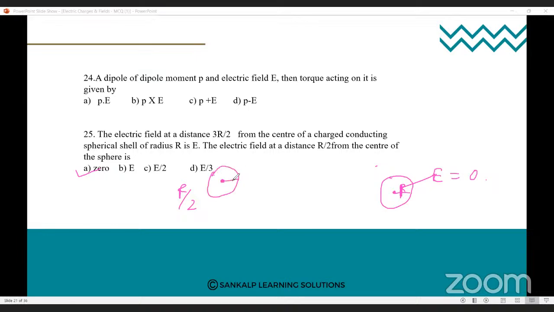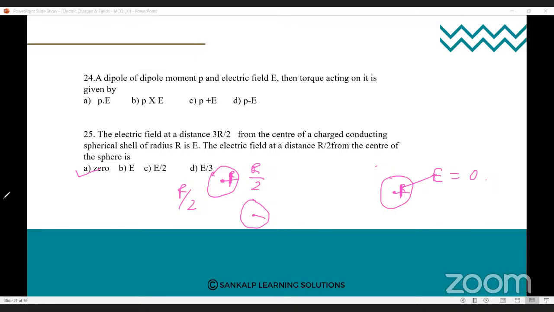So r is the radius of the spherical shell. What is the electric field at a distance of r by 2, that is half the radius value. So whatever it is there, it will come inside the spherical shell. Inside the spherical shell or inside the body, the electric field will be always 0. Why? Because the electric field intensity depends on the charge.